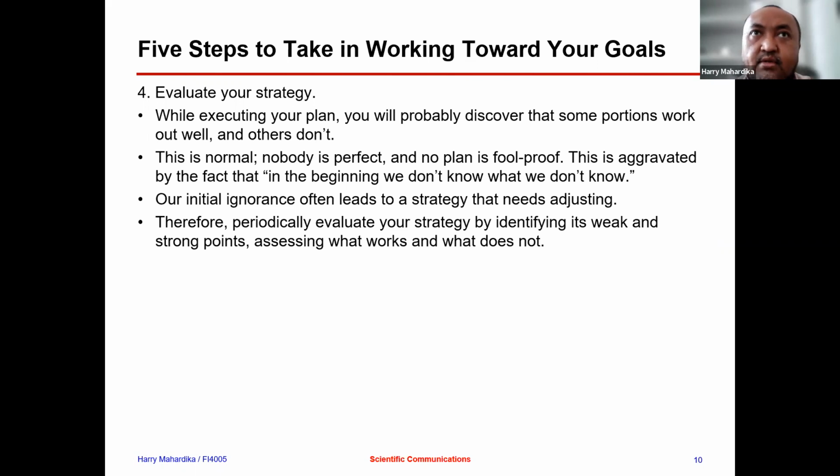So after we know, we make revisions, we make corrections so that the goals become clearer and easier to attain. Our initial ignorance often leads to a strategy that needs adjusting, so make adjustments. And therefore, periodically evaluate your strategy by identifying its weaknesses and strong points, assessing what works and what does not.